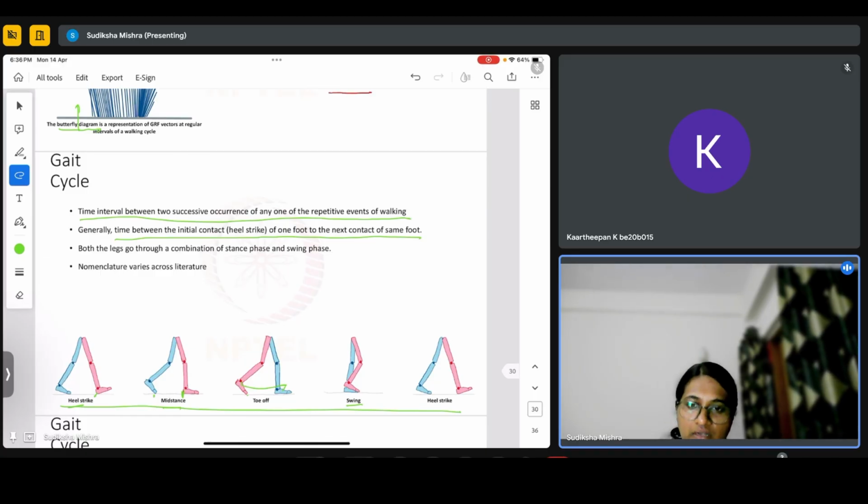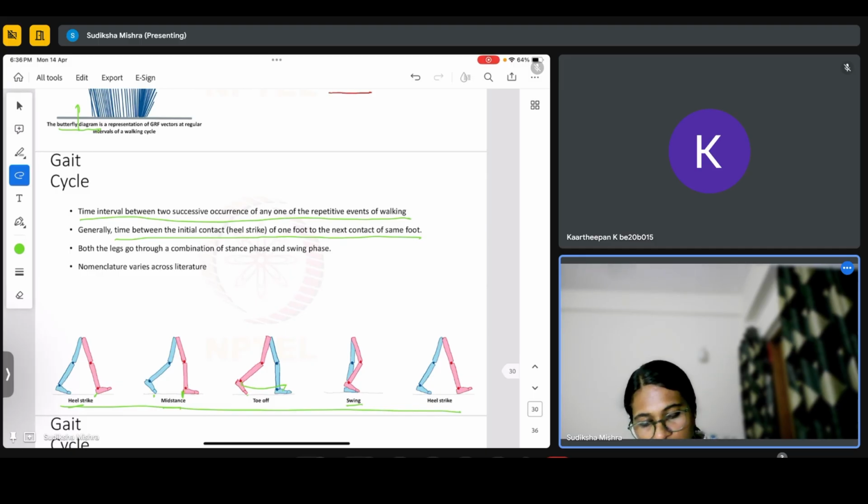It can also be from one toe off of one foot to the next toe off of the same foot. However, you need to have all the events lined up, or there should be one of each event for each foot occurring in one gait cycle.